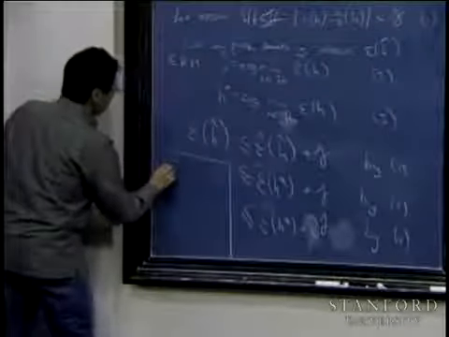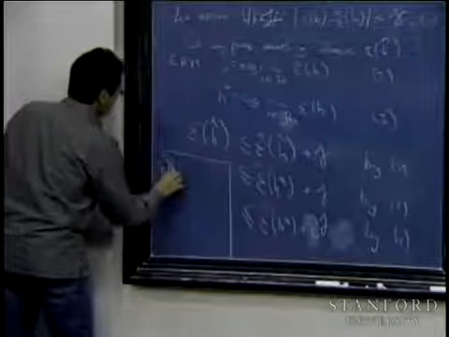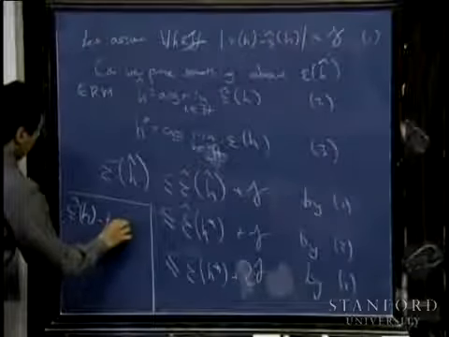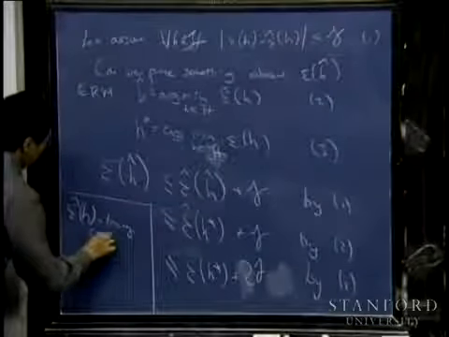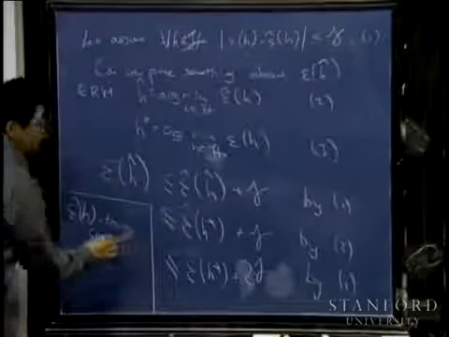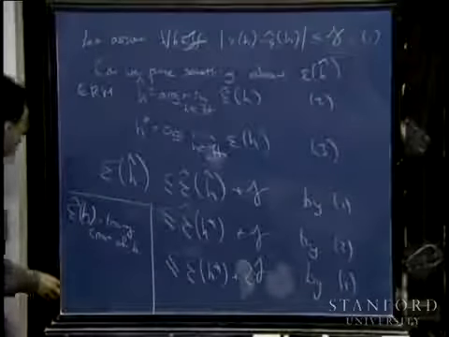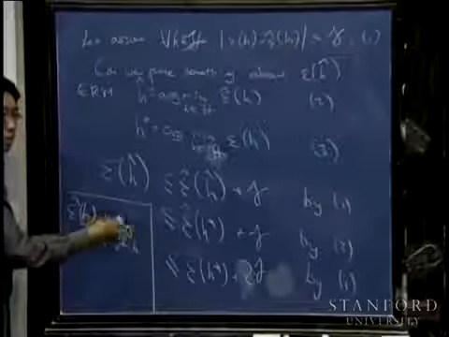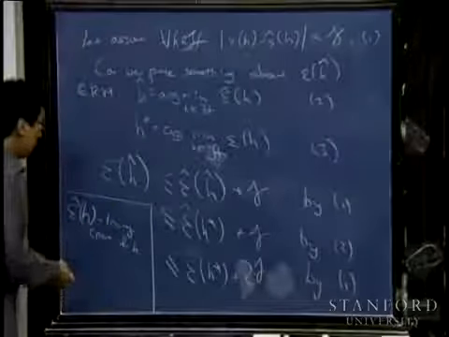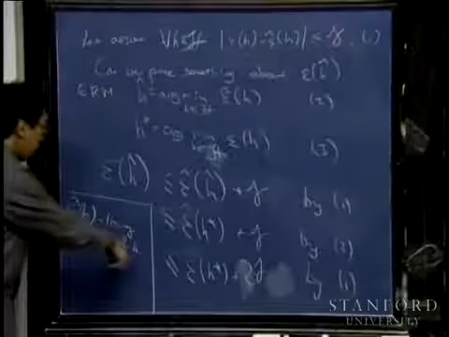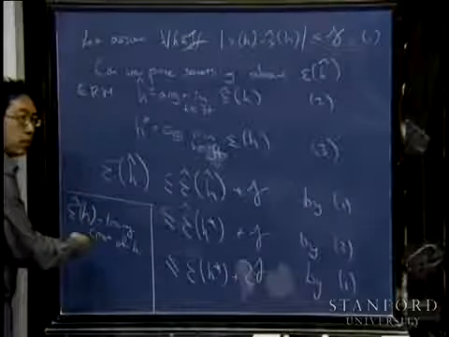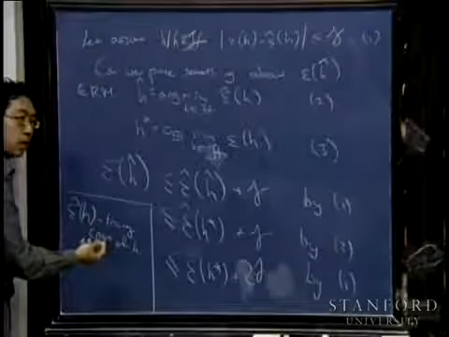So epsilon hat of H is the training error of a hypothesis H. A hypothesis is just a function mapped from X to Y's. So epsilon hat of H is, given a hypothesis H, the fraction of training examples it misclassifies.